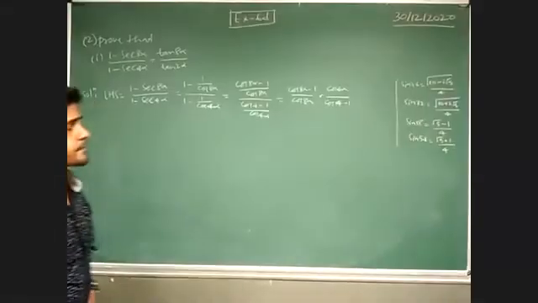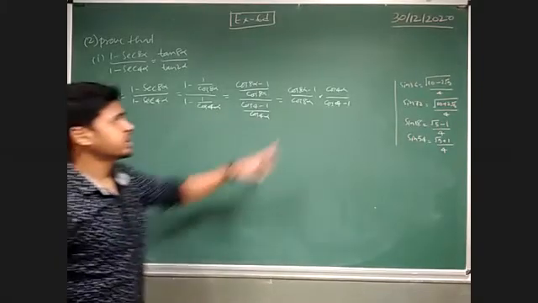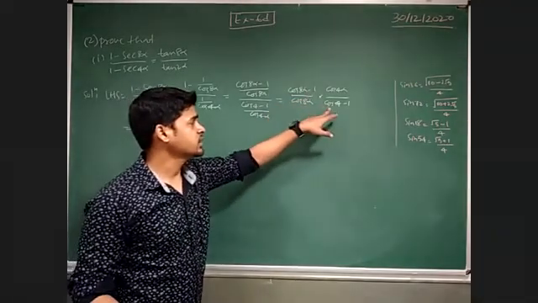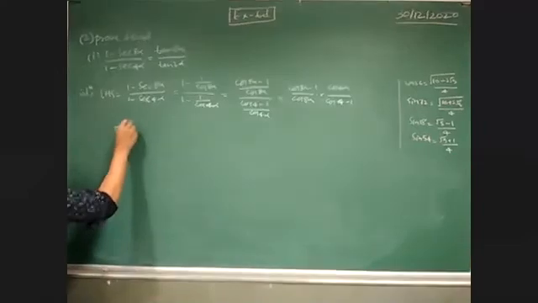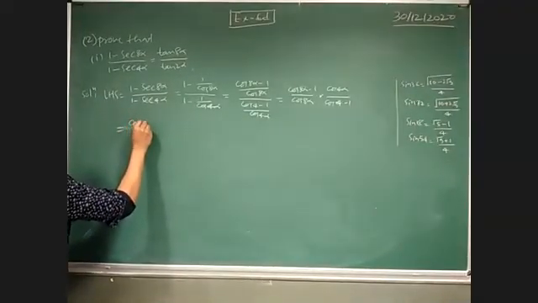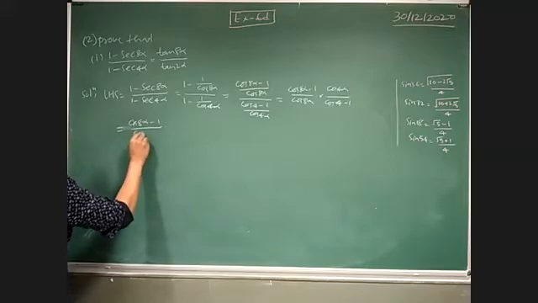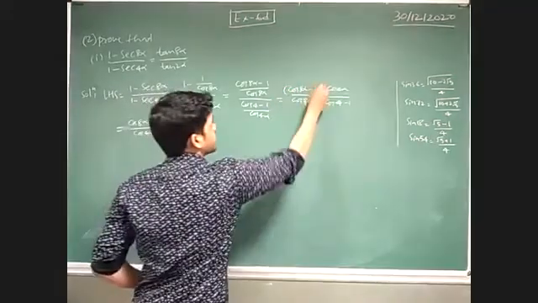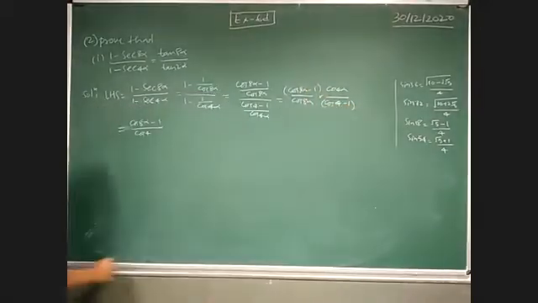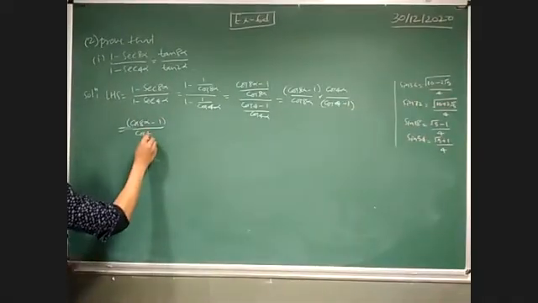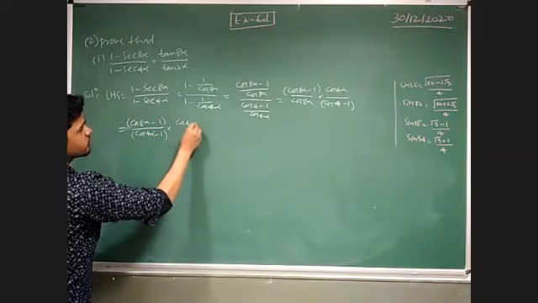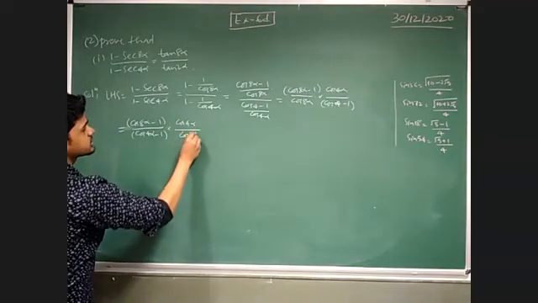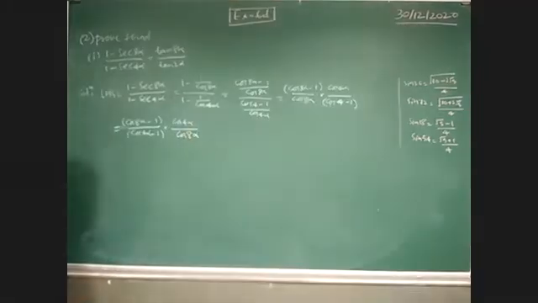Now I'm going to arrange cos 8 alpha minus 1 and cos 4 alpha minus 1 in one place. So (cos 8 alpha minus 1) and (cos 4 alpha minus 1) into cos 4 alpha by cos 8 alpha.